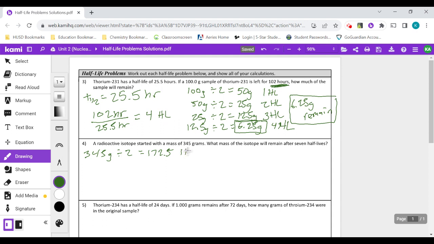That's 1 half-life. 172.5 grams divided by 2, that's going to be 86.25 grams. That's 2 half-lives.